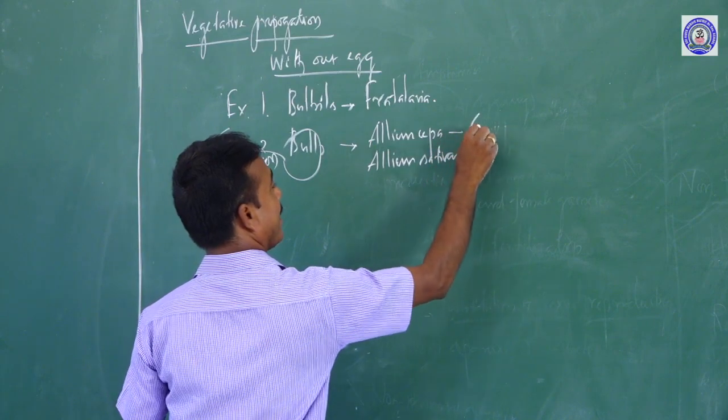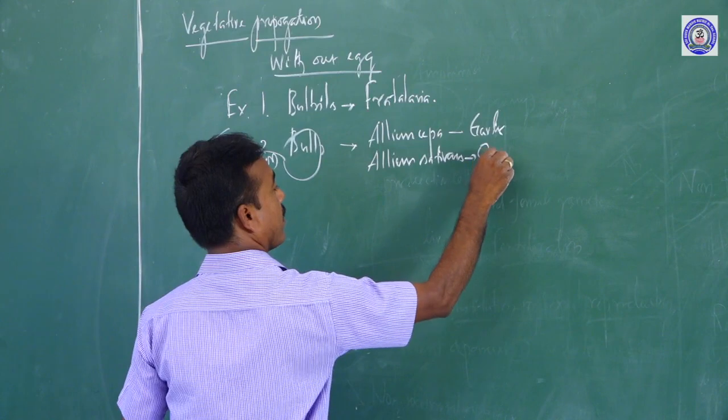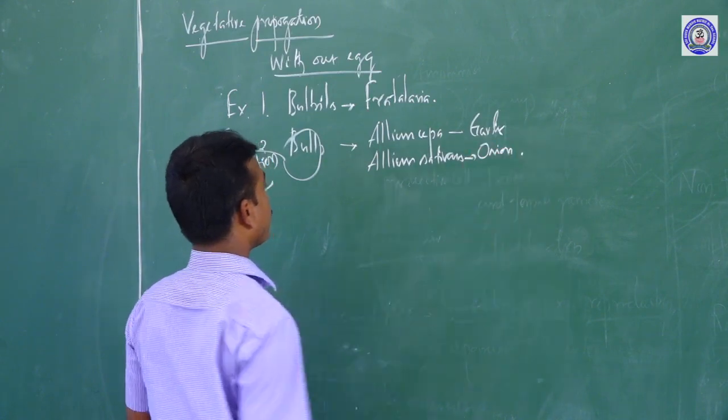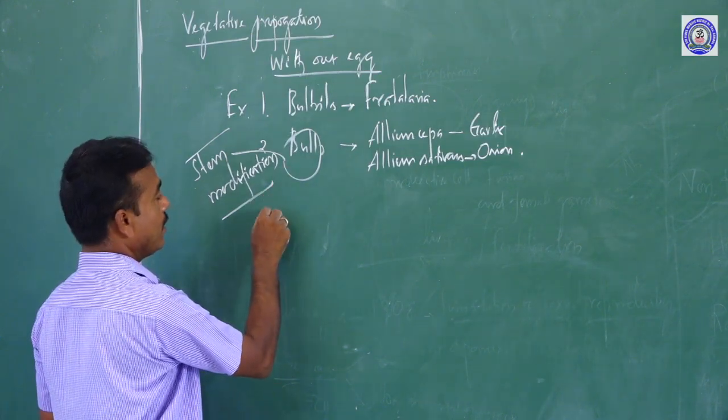This one is garlic, and this one is onion. These develop by means of bulbs.